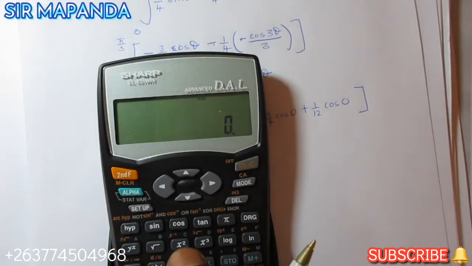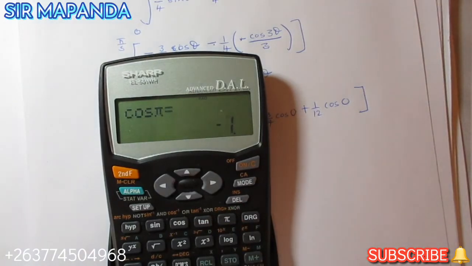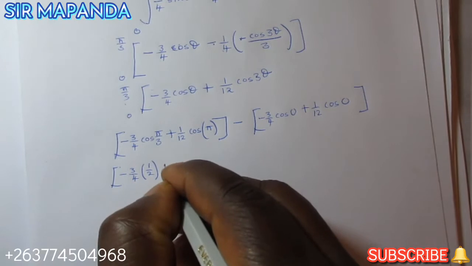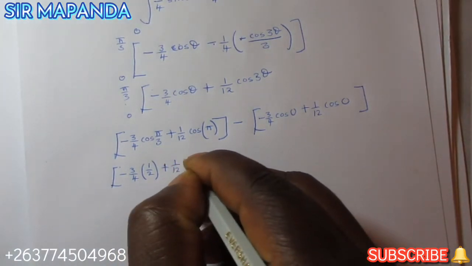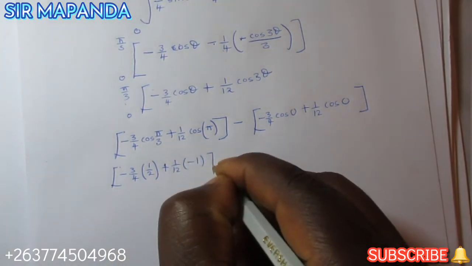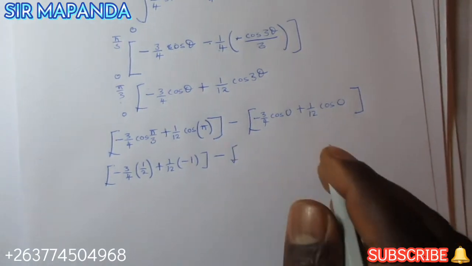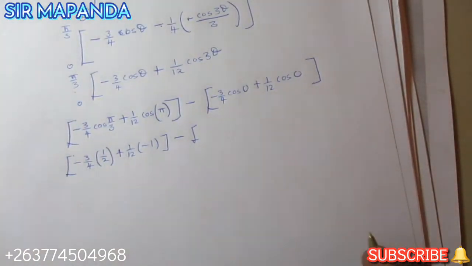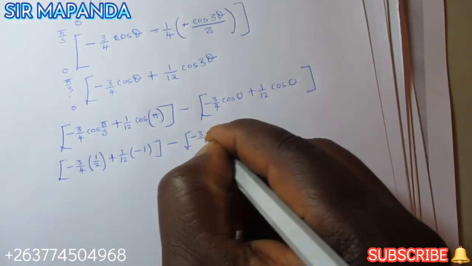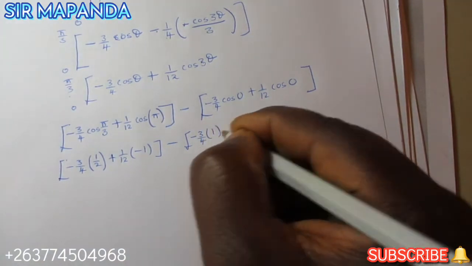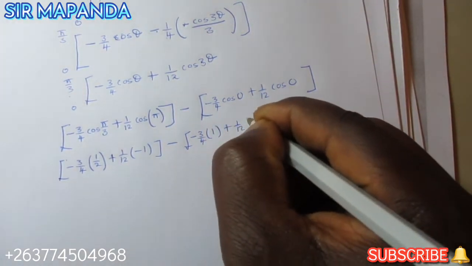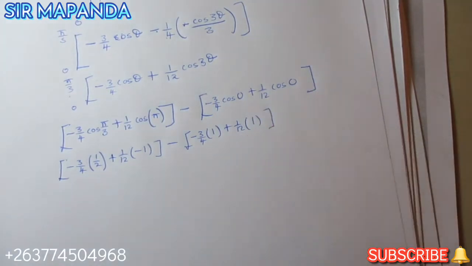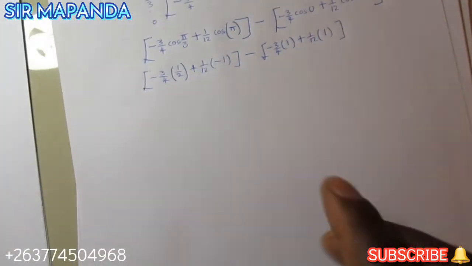Then cos pi, you get minus 1. Right. So plus 1/12, open bracket, minus 1. Then cos 0 is always 1. So you now have minus 3/4, open bracket, 1 plus 1/12, open bracket, 1. I hope you are following class.